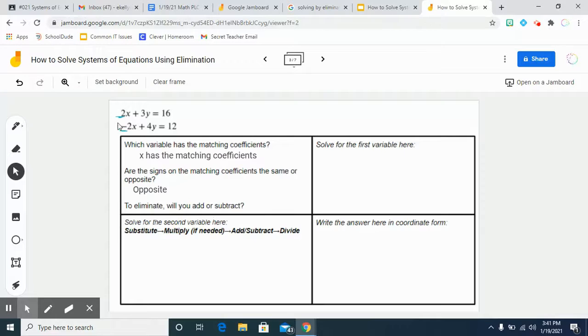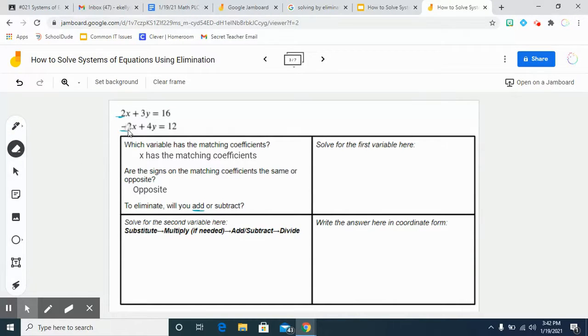Opposite signs are going to be adding. Same is subtract. So think same, subtract, both start with S's. Opposite, add, both start with vowels. So we are indeed going to be adding here, because we have these opposite signs.